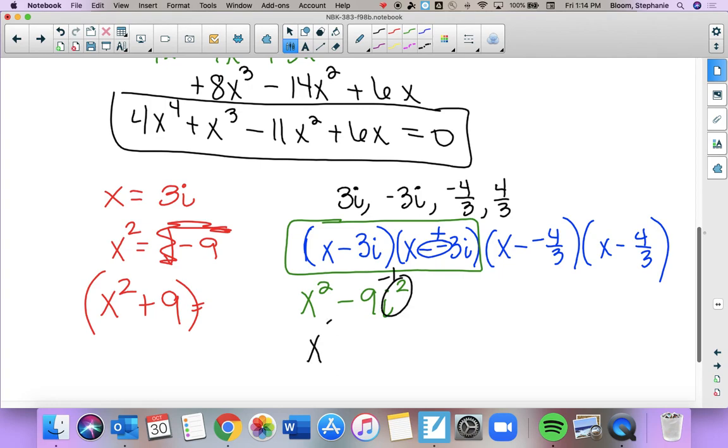Negative 9 times negative 1, positive 9. So this represents 3i and negative 3i. And so, again, if you conceptually cannot picture what would be under the square root, then just do this to figure it out. Just plug it in and FOIL.